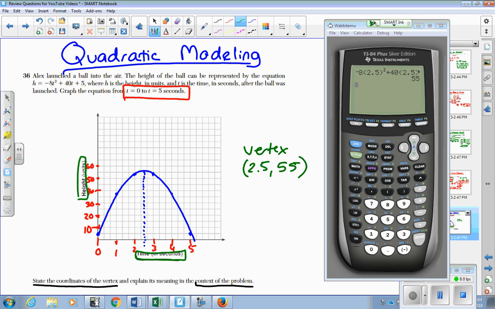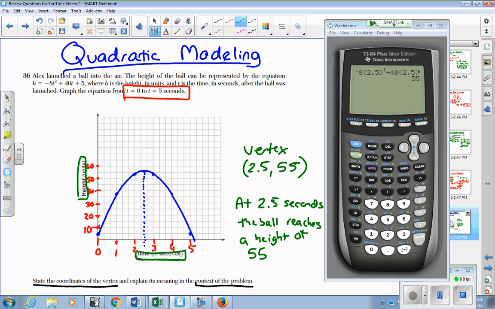So, in the context of this question, the vertex would mean at 2.5 seconds, the object, or in this case the ball, reaches a height of 55.